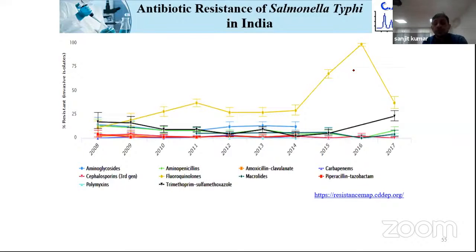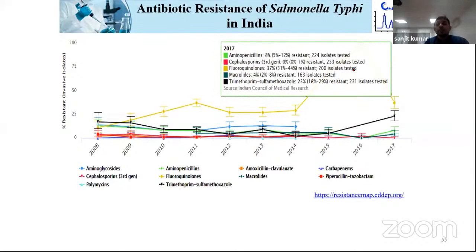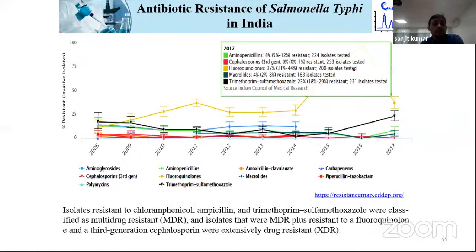They are always displaying which antibiotics Salmonella typhi is resistant to in India. We have seen isolates resistant to chloramphenicol, ampicillin, trimethoprim, and these were classified as multidrug resistant, and isolates that were MDR plus resistant to fluoroquinolone and third generation cephalosporin were extensively drug resistant.